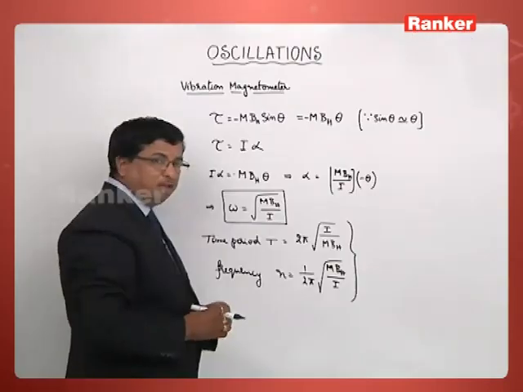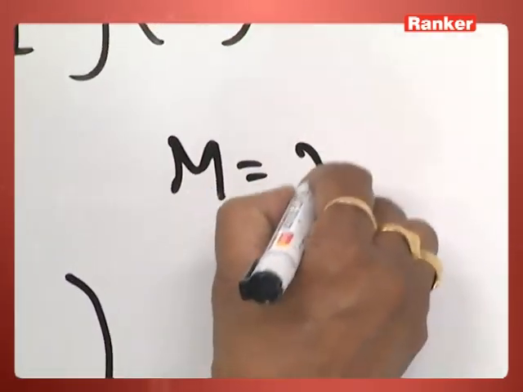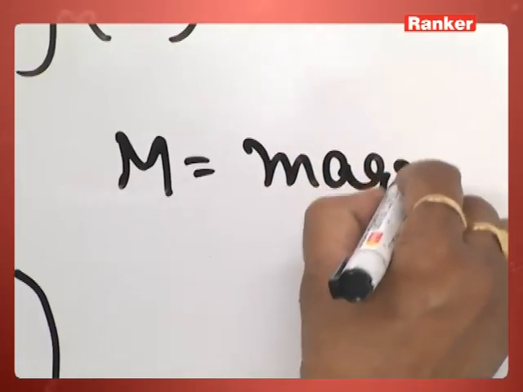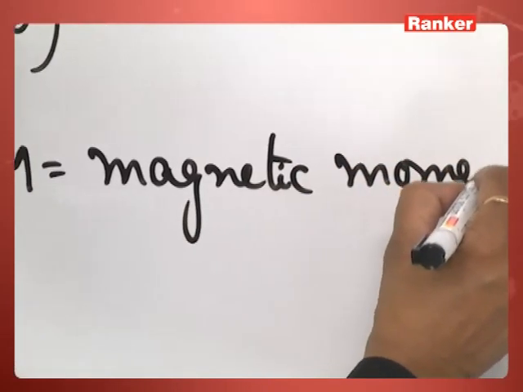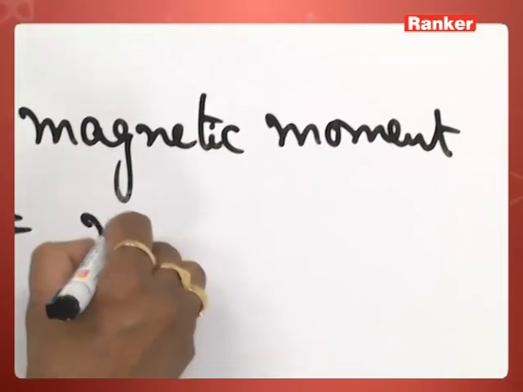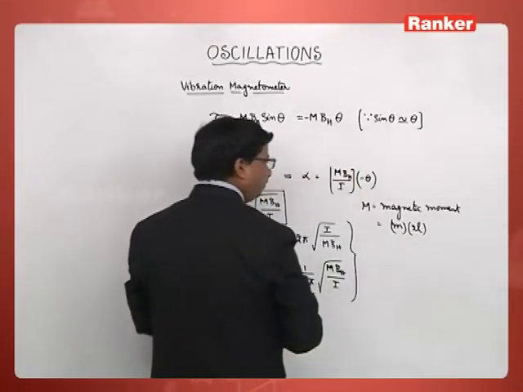And what is capital M over here called? Capital M is the magnetic moment. And what is this magnetic moment? It is pole strength into the length of the magnet.